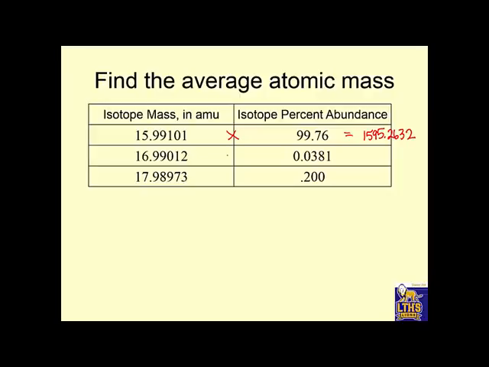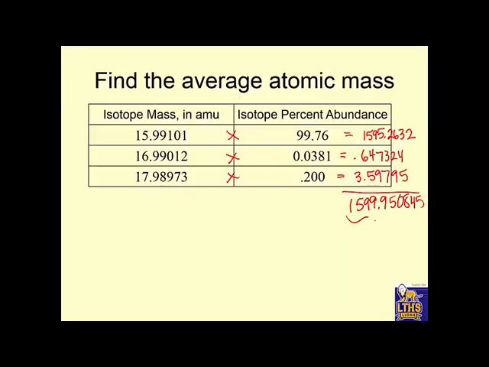I take the mass of another isotope times its abundance, and I find 0.647324. Mass times abundance equals 3.59795. Then at the end I add this all together and get 1599.95847.